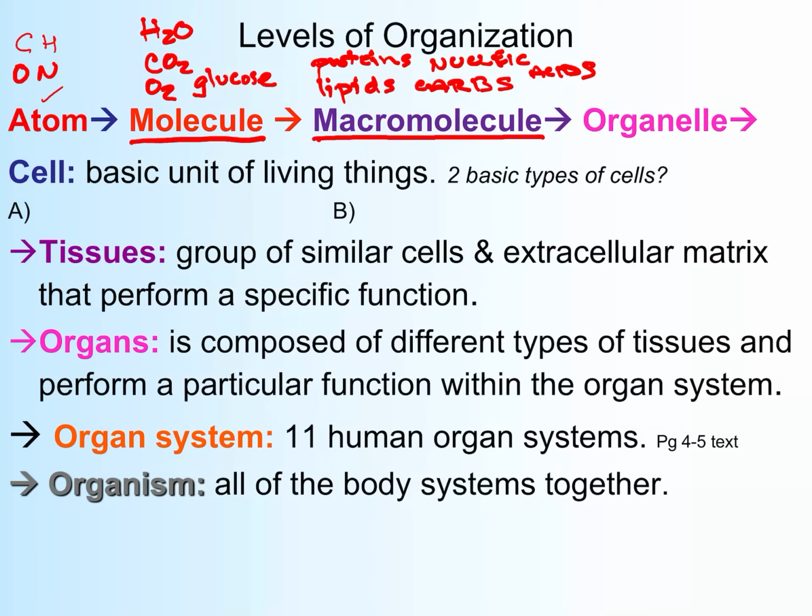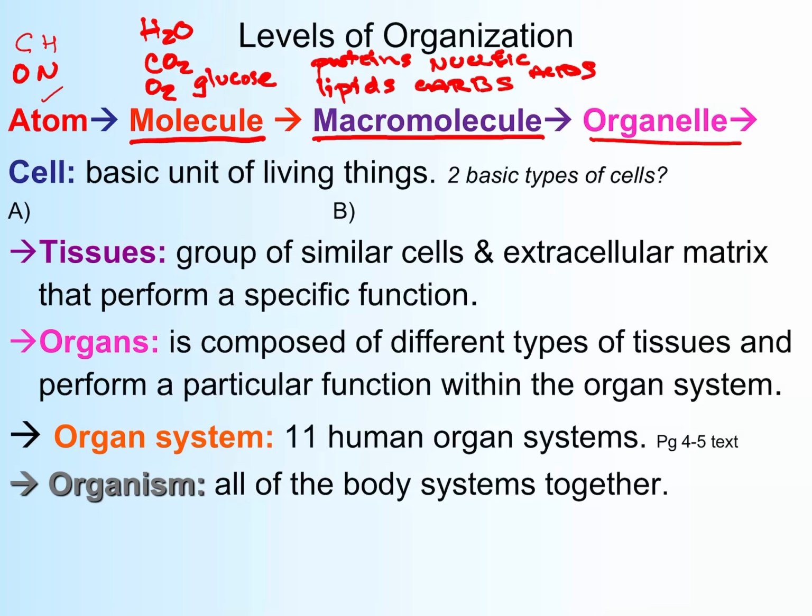When you put the macromolecules together, so proteins and some lipids and some carbohydrates and some nucleic acids, you get an organelle. You should remember from Bio 3 that organelles are specialized units found inside your cells.